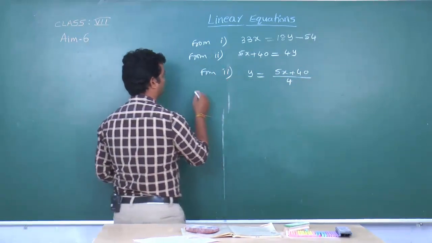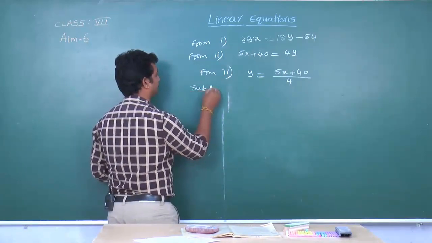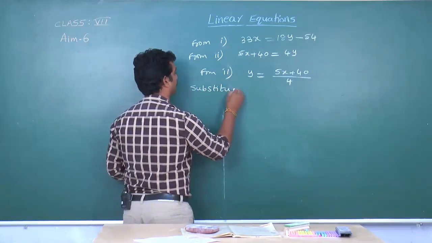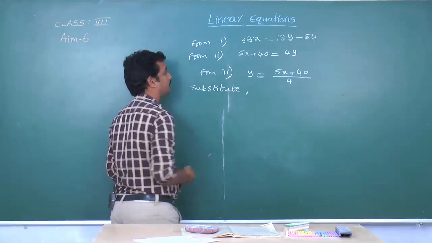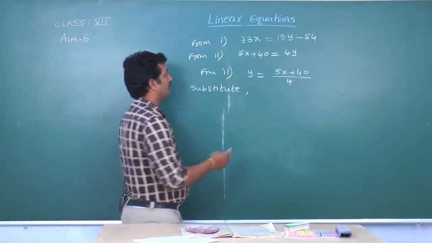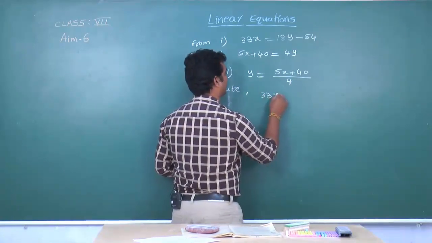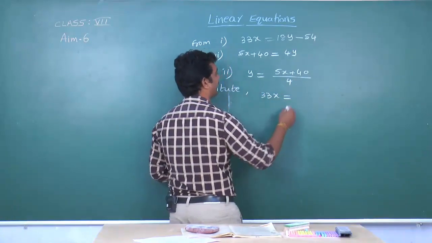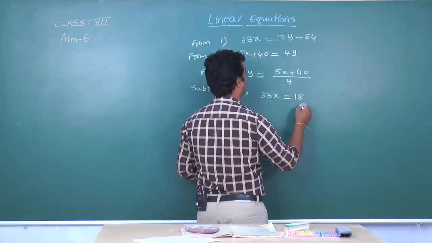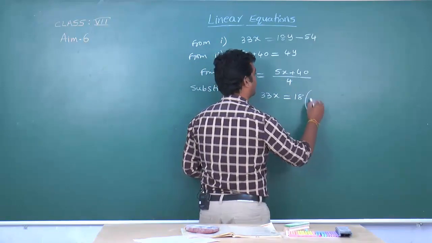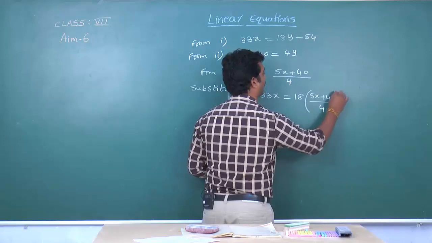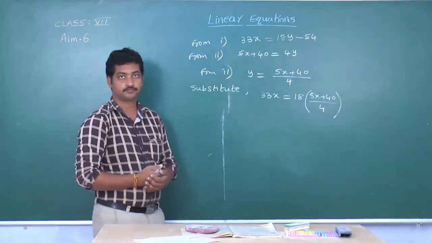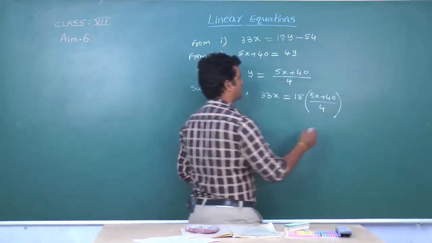Substitute in 1. 33x is equal to 18 into what is y? Y is nothing but (5x plus 40) by 4, minus 54.